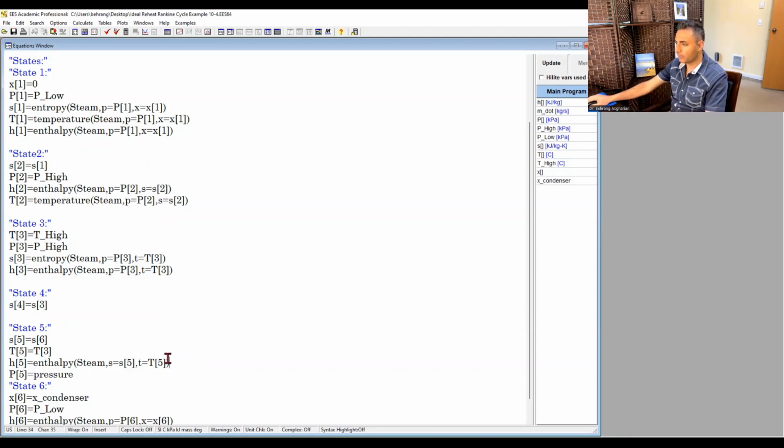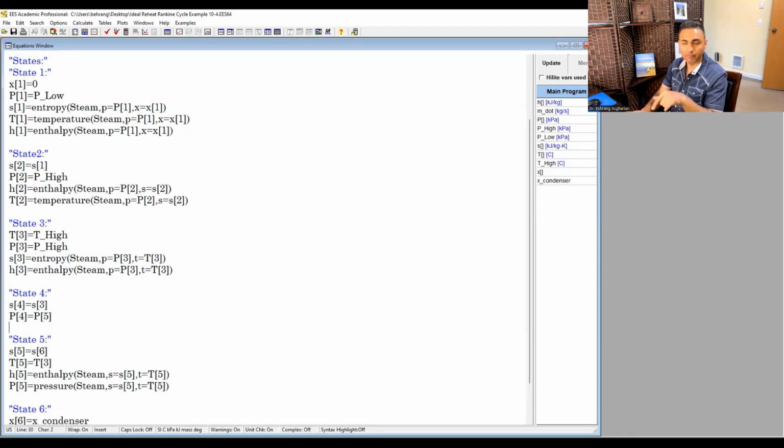I can copy and paste this, Control C and Control V. I got it. State 5 is determined. Problem is pretty much solved. So now I can go back to state 4 and tell state 4 P4 is supposed to be P5. Now I have two independent properties at state 4.